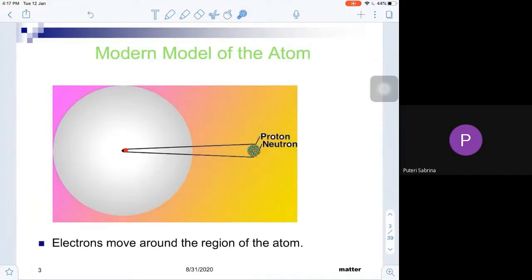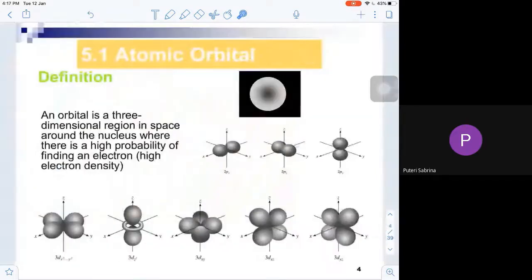We have a tiny point at the center of this atom, and that is the nucleus. If we zoom in, we observe that we have a proton and neutron in it, while the electron is outside the nucleus, moving around the region of the atom. That's just the introduction.